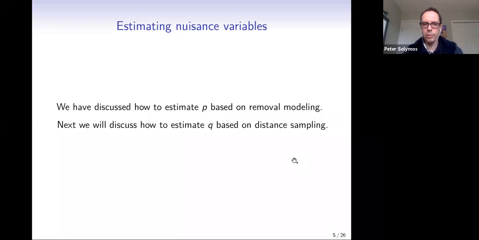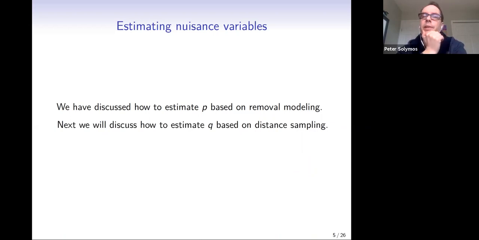So we talked about how to estimate P, which is a quantity that relates to the time we spent collecting the information in the field. And we were using removal modeling, which is closely related to survival analysis.